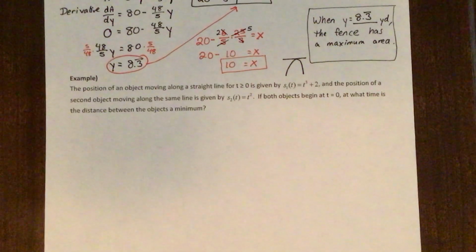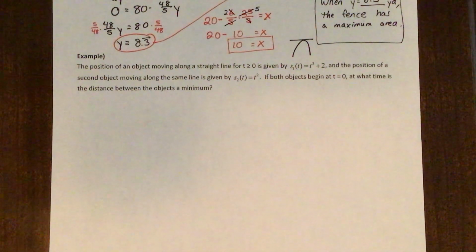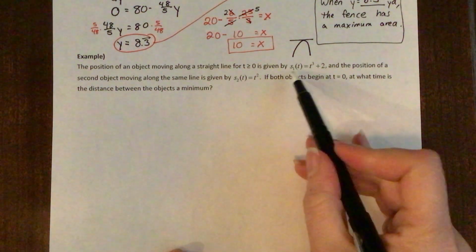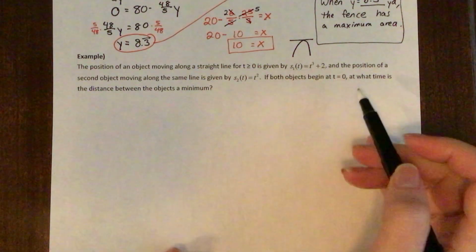Our next example is not so much world-based as graph-based. I'm going to draw a little graph out for this. Our graph is going to be y equals t cubed plus 2.